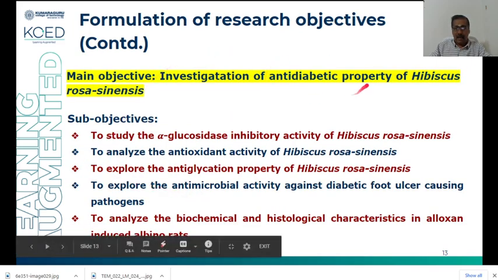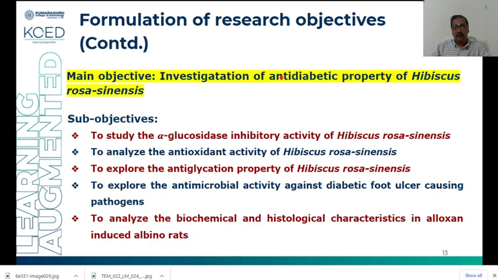So, anti-diabetic property is the main objective. How can I investigate anti-diabetic property? Through alpha glucosidase inhibitory property. This is one element of your anti-diabetic property. Antioxidant is one element of anti-diabetic. Anti-glycation is one element.